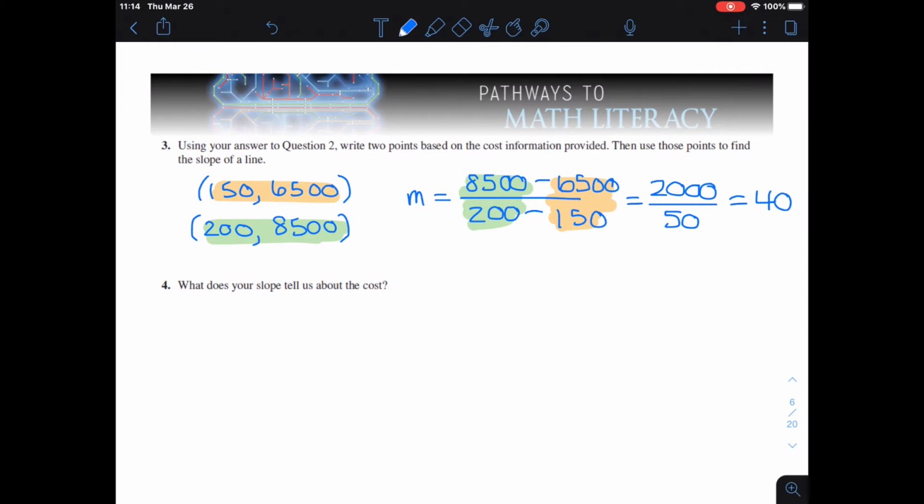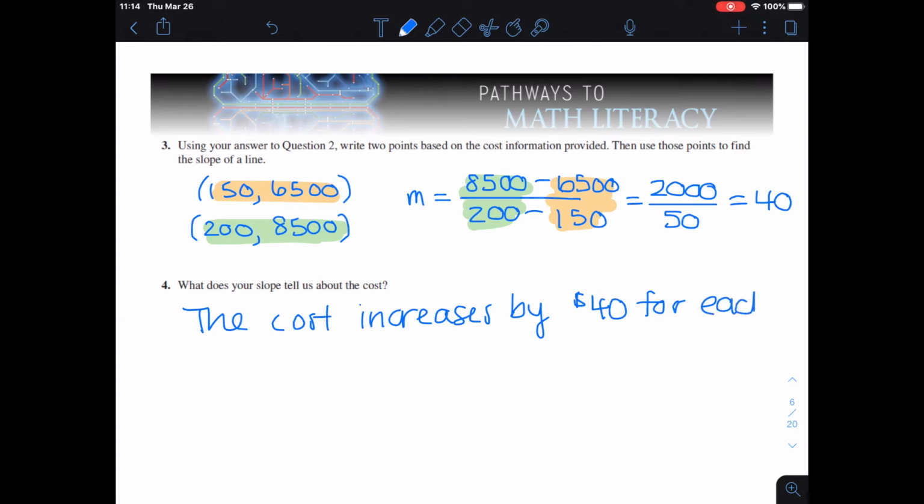If you go ahead and divide this, you're going to get 40. What this means is it's that rate of change. For every extra guest we add, the cost is going to go up by $40. So the cost increases by $40 for each additional guest.